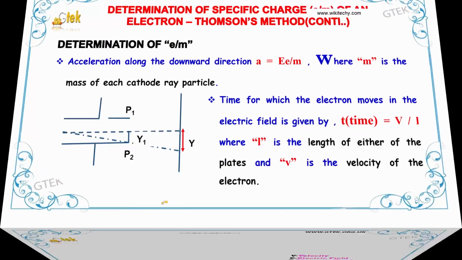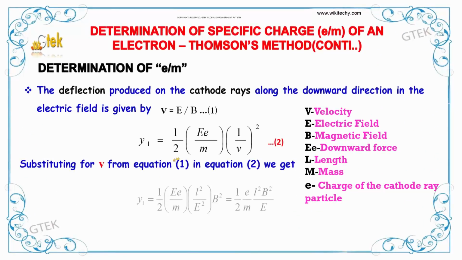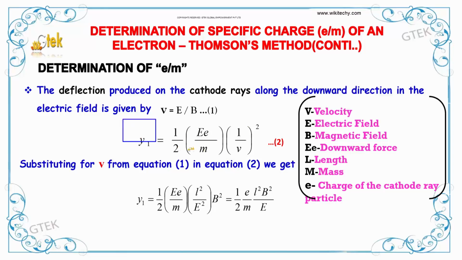So y1 is equal to half eE divided by m into 1 divided by v whole square. Substituting the value of v with E by B, you get half into eE divided by m, L square divided by E square into B square.